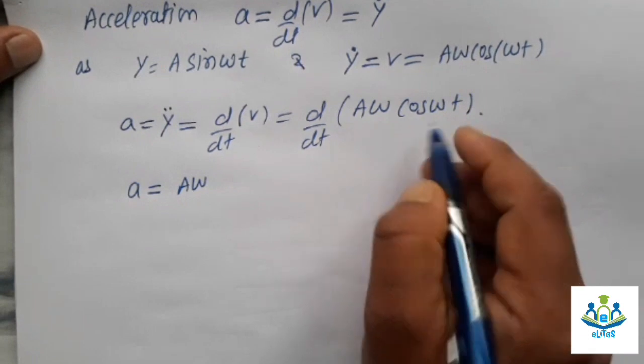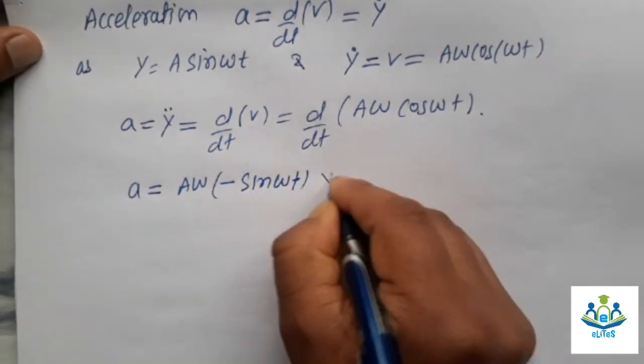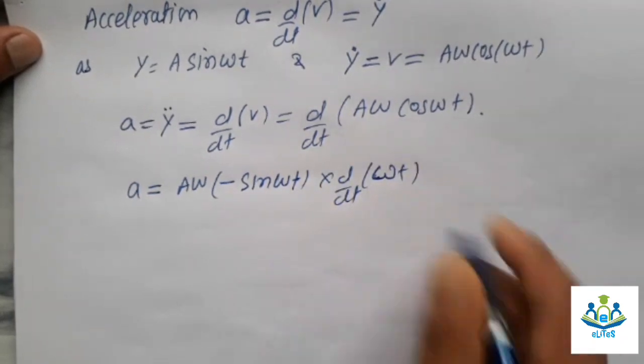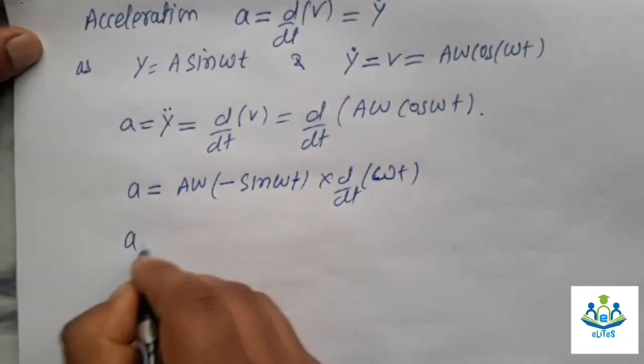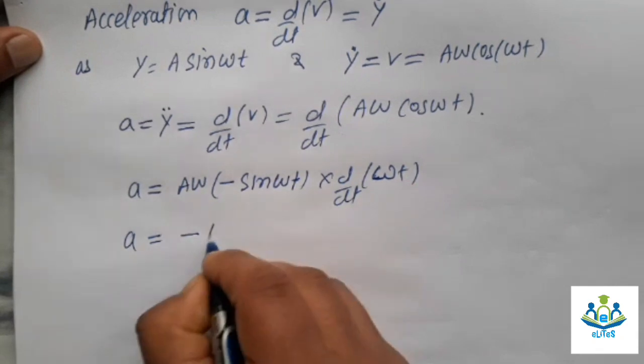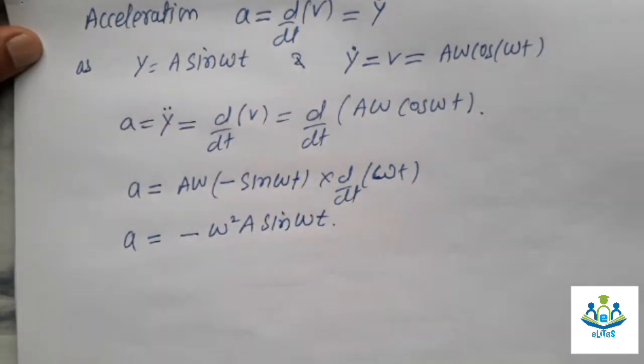Now the differentiation of cos will be minus sine of the angle omega t, and the differentiation of omega t, which is the angle, will be omega. So we will have minus this omega, and this omega will be omega square a sine of omega t.